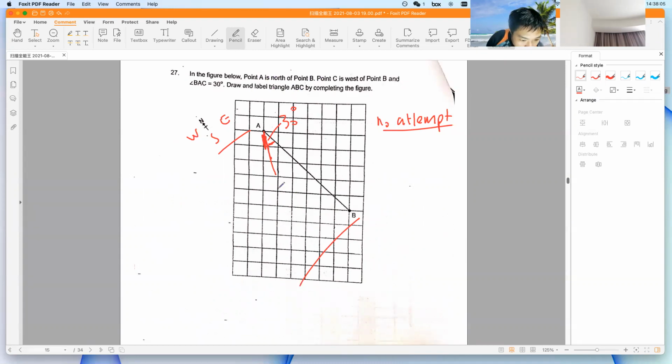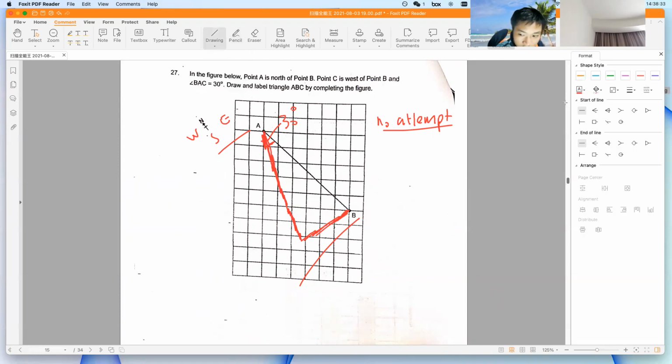Any point here that you form is 30. Let's say point C is west of A, and BAC is 30. So any point here will do.